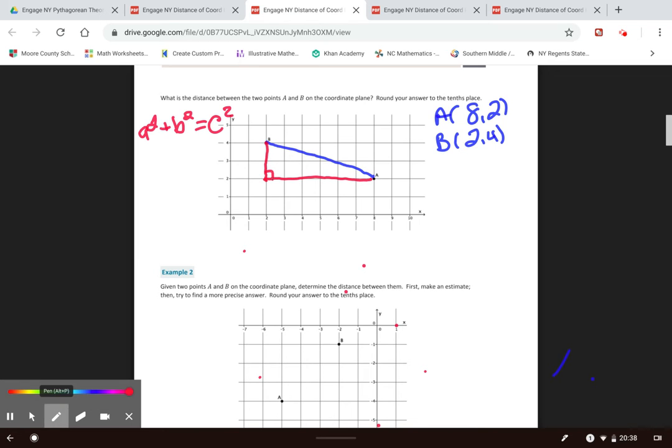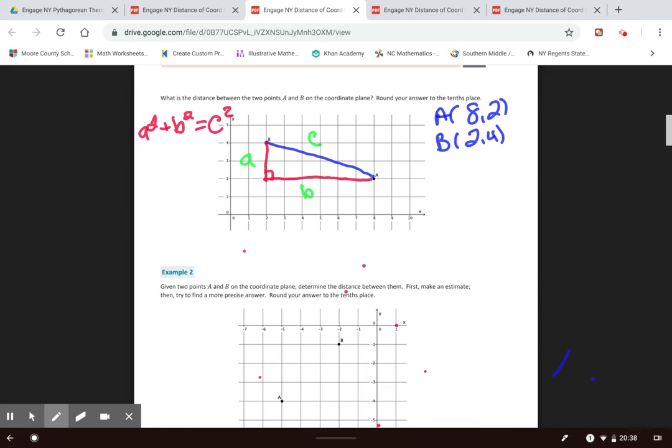Now that I have a right triangle, I can label my sides: side a, side b, and side c. C is always my hypotenuse, and the hypotenuse is always across from the right angle. So now all I need to do is find my vertical distance and my horizontal distance, and then I can solve for the diagonal distance.